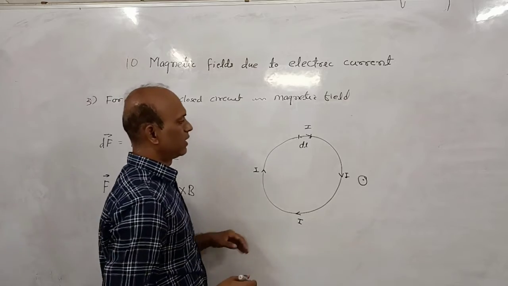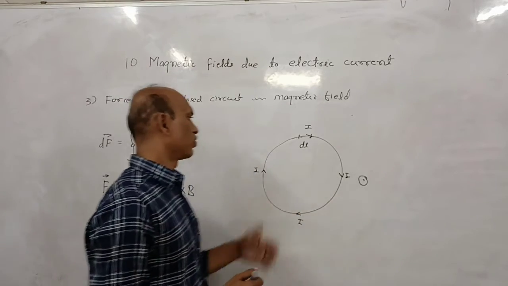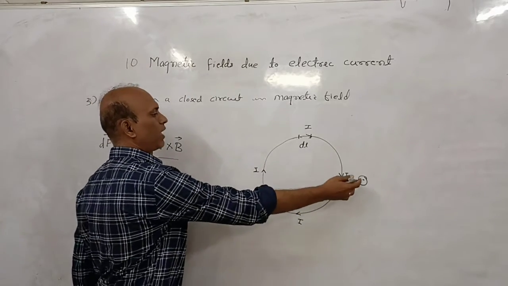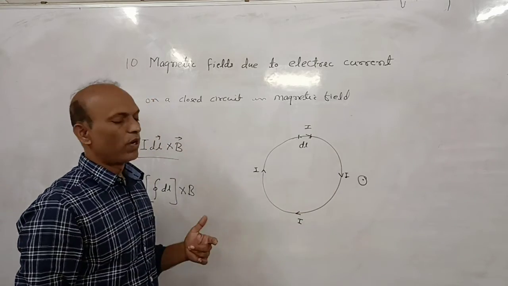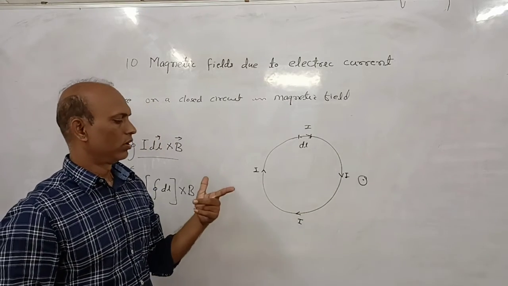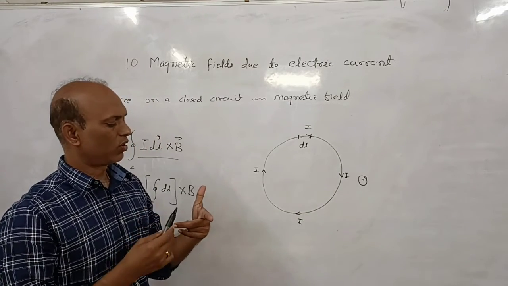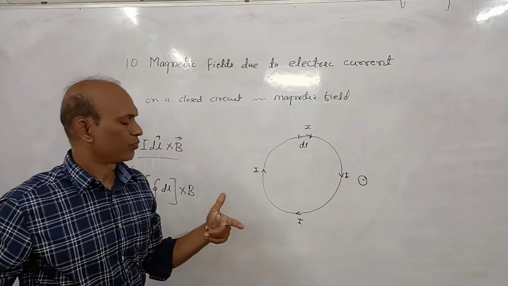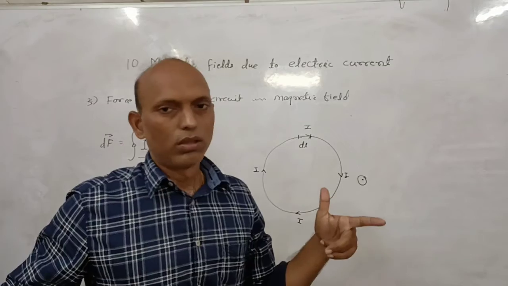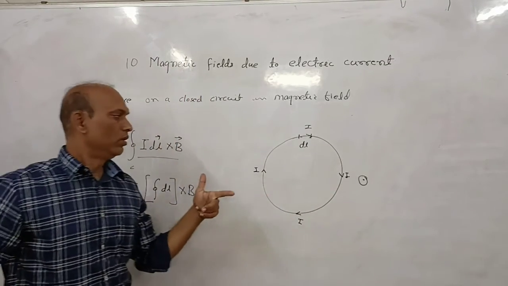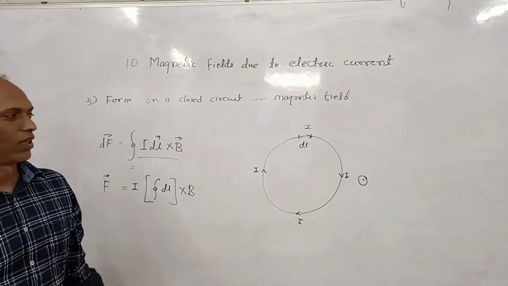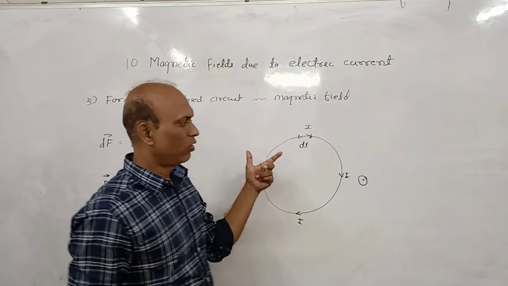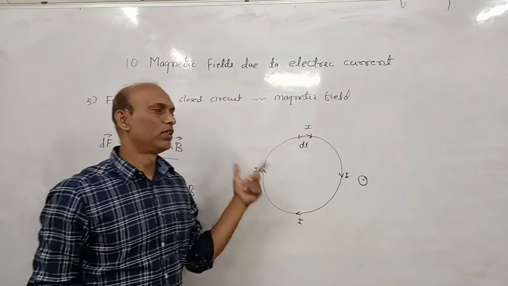Now the interesting thing is that if the magnetic field is uniform, we have to consider the left hand rule to understand how much force will be exerted on this closed circuit.